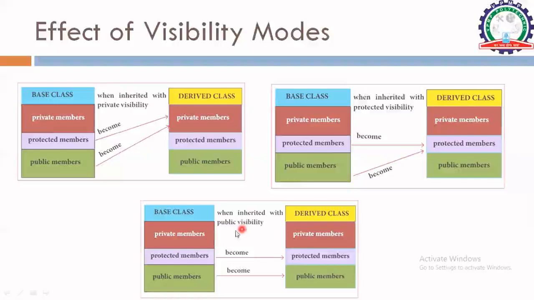Okay. Now let's see the last one, that is public visibility mode. See, in that, again, private members are not derived in a derived class, and as we are deriving a new class publicly, all the protected members of the base class will remain in the protected section of the derived class, and public members will remain in the public section of the derived class.